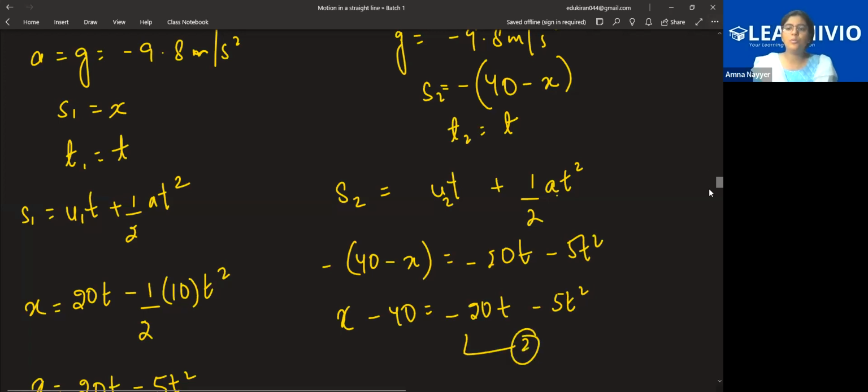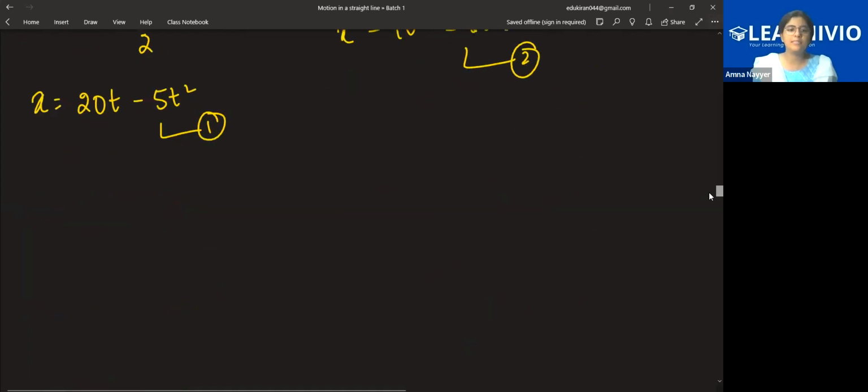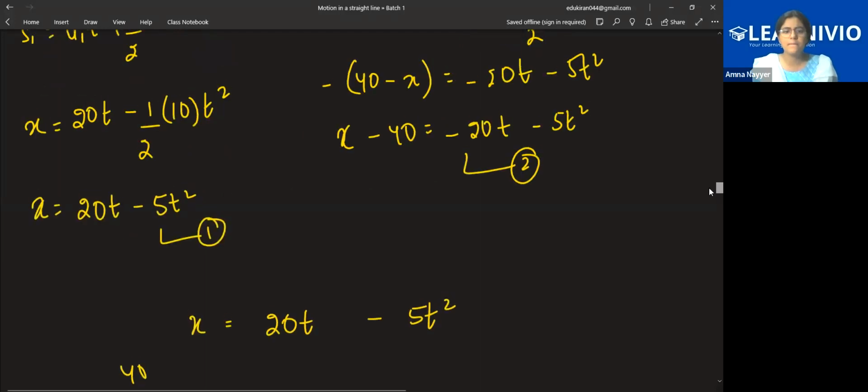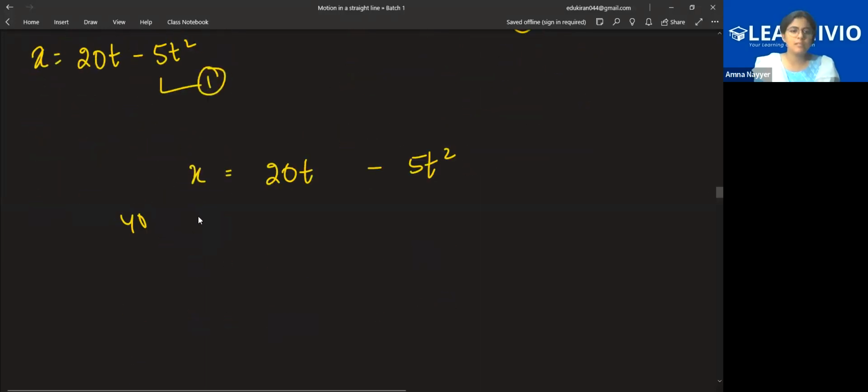Now we have two equations with us, right? This is the first and second. Let us solve this. See, X is equal to 20t minus 5t square is one. Another one is minus 40 plus X is equal to minus 20t minus 5t square.